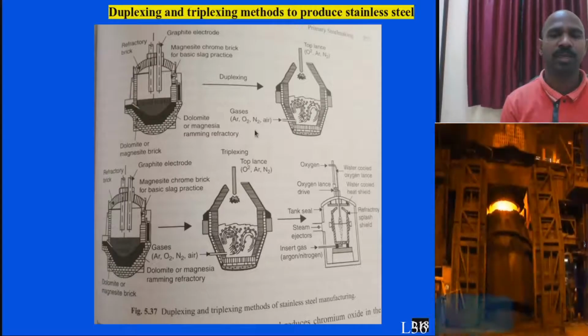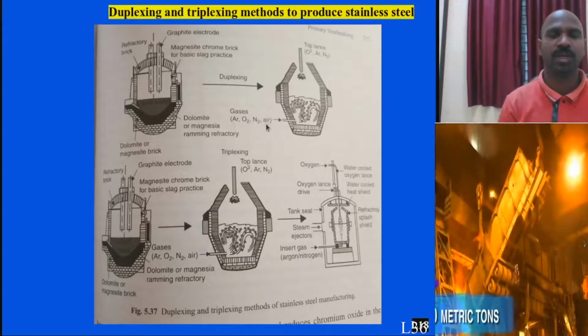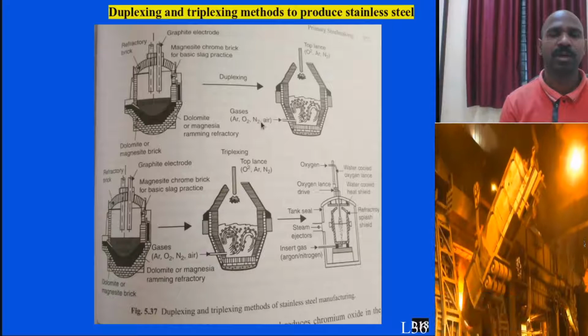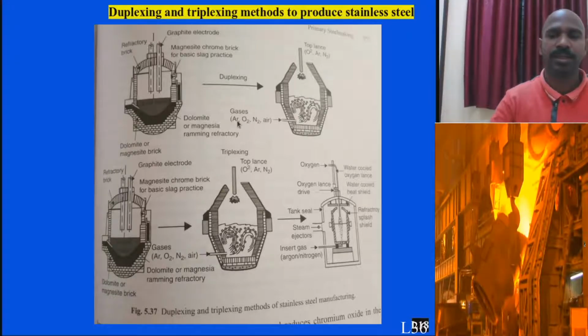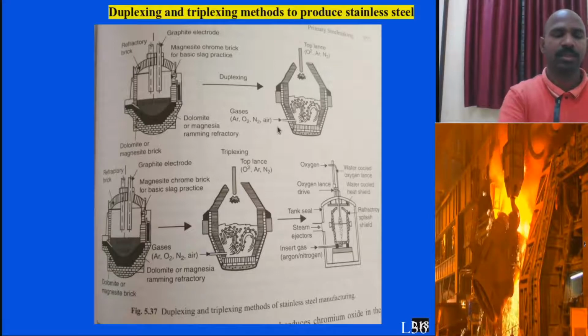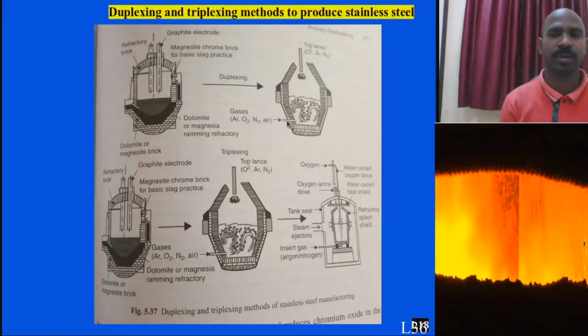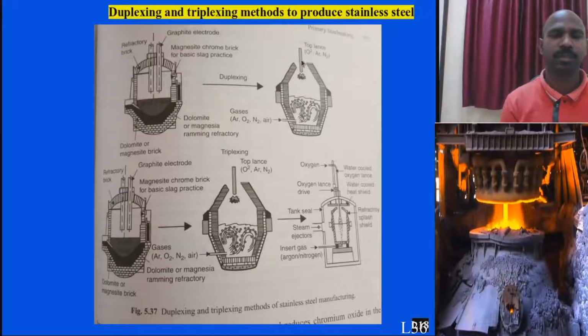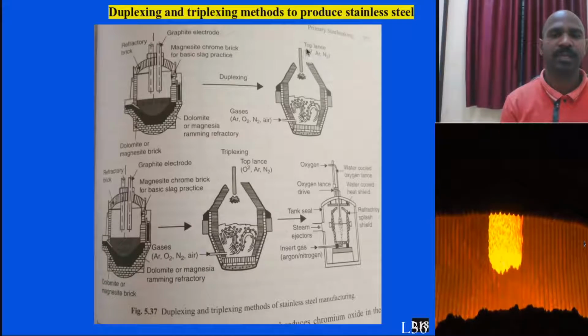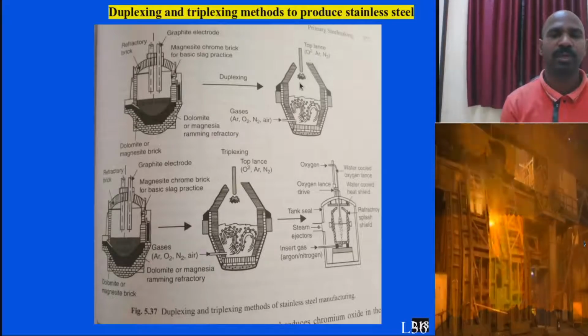There are different methods people adopt from industry to industry. Mainly the argon and oxygen mixture from the side tuyeres is practiced in the majority of industries. From the top you blow oxygen; the top lance is an oxygen lance.